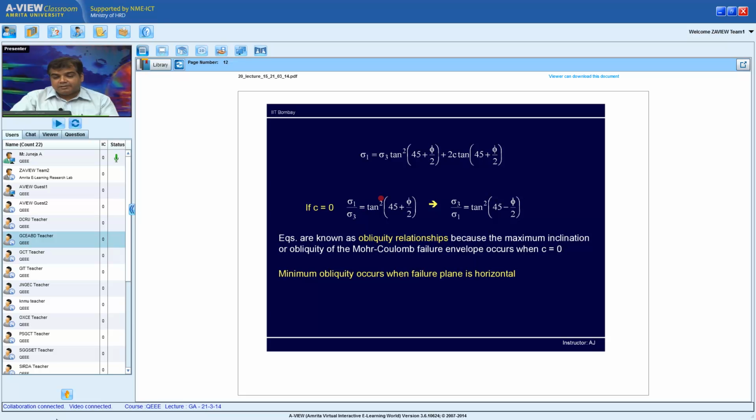Obviously, this envelope would be at its maximum inclination because c is 0. You can go back home and try to plot this. If you try to plot this, you will see that when c becomes 0, the envelope gives a maximum inclination.